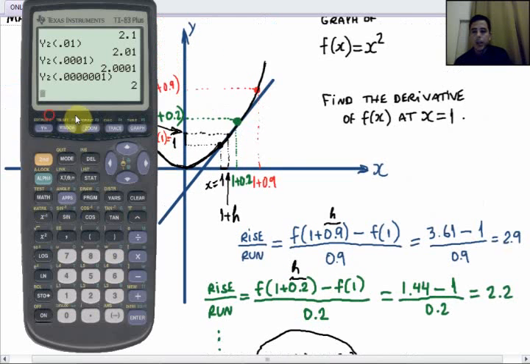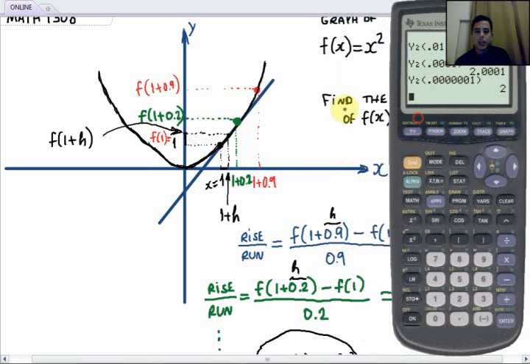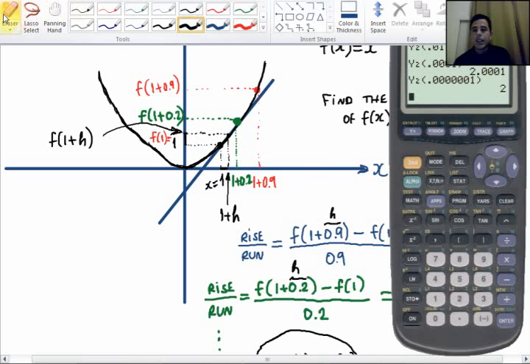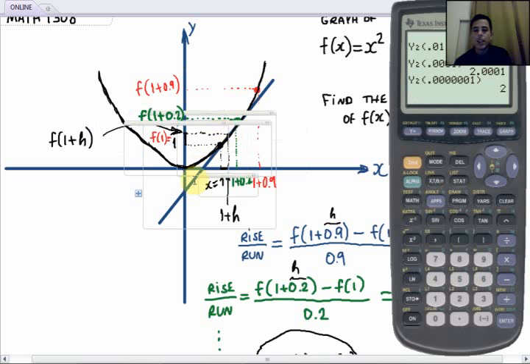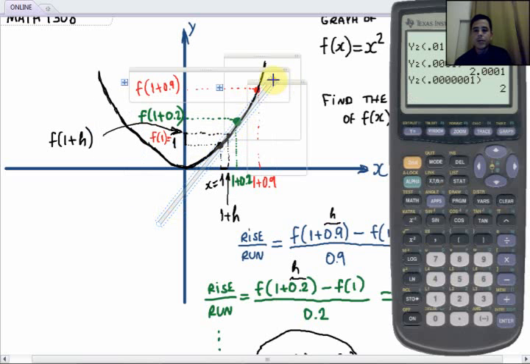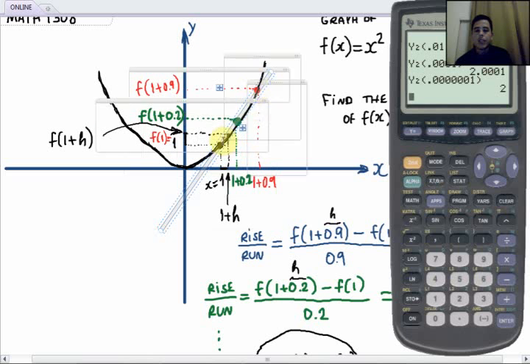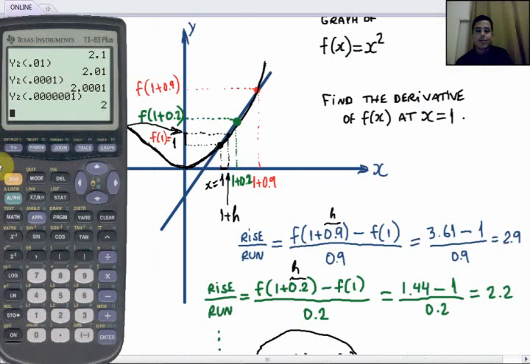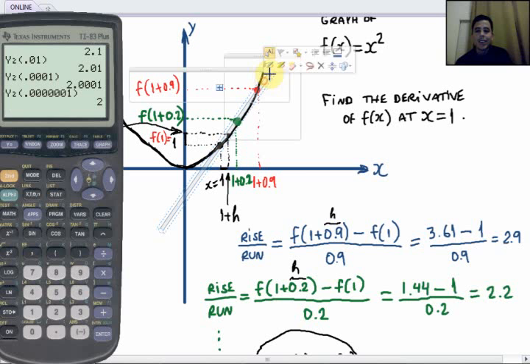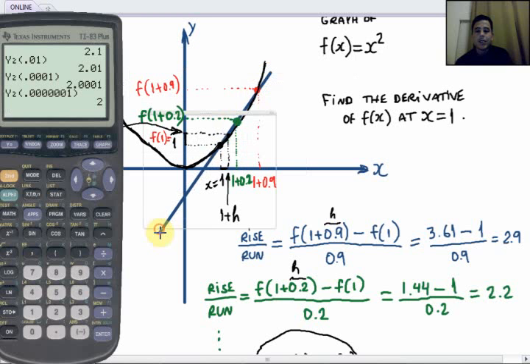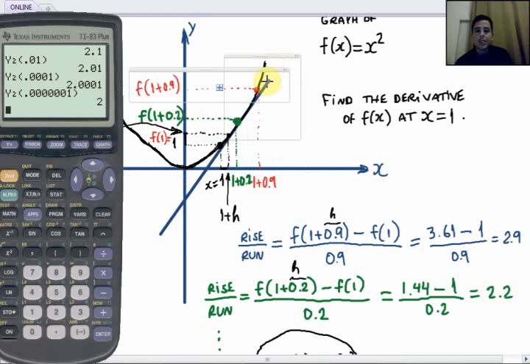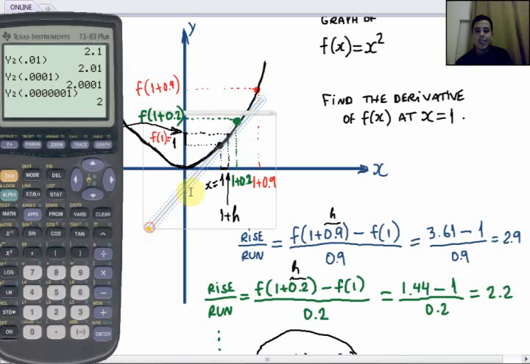So let's look at the picture here for a moment. If I had my secant line over here on the red point, then the slope of the secant line was 2.9. Now let's see if I can bring this down. There.